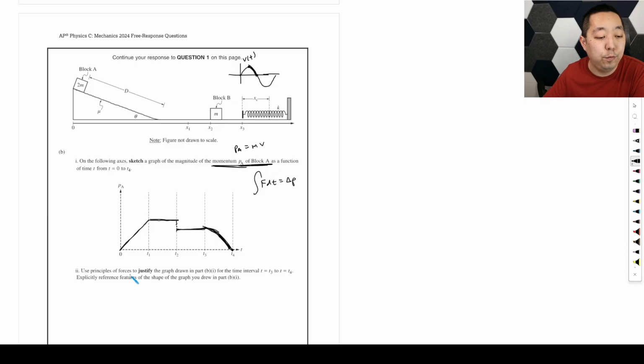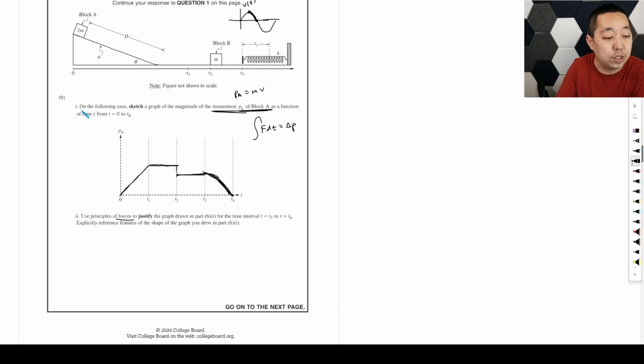Use principle of forces to justify your answer in the graph of part B. Okay, so in terms of forces, from T3 to T4, they're asking about this part. They're asking in terms of forces, why does the momentum look like that, right? Well, the force from the spring is equal to m dv/dt, or ma, right?